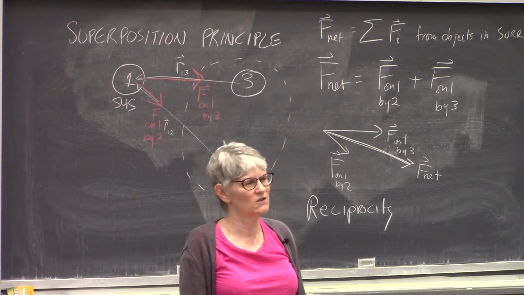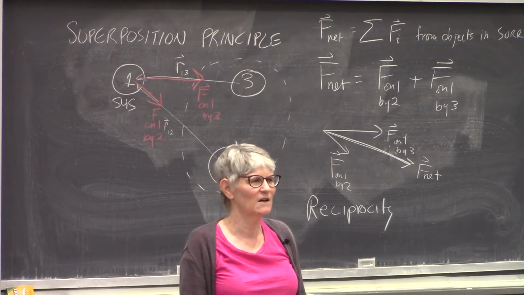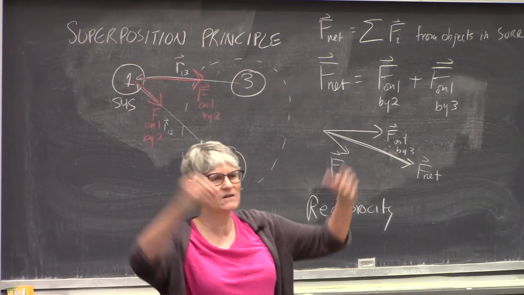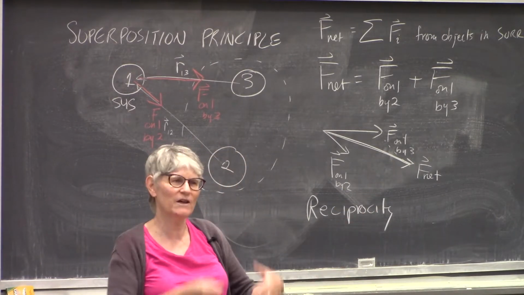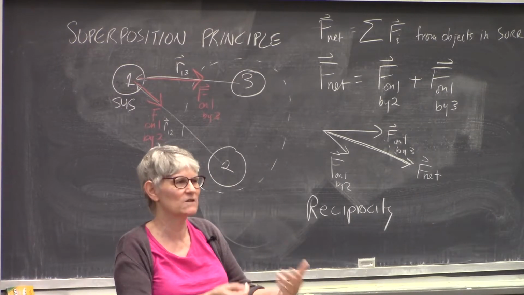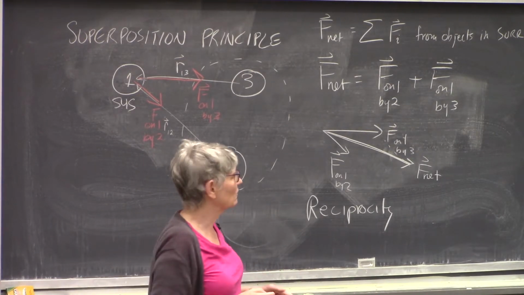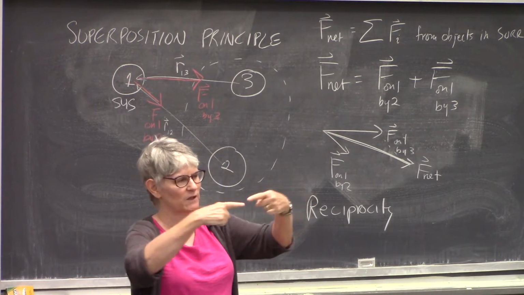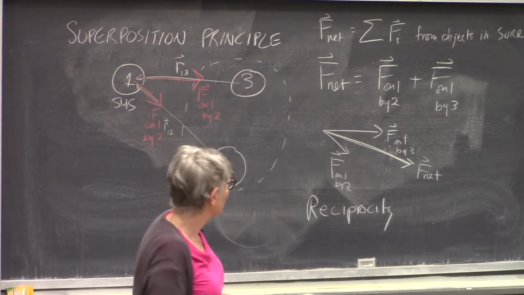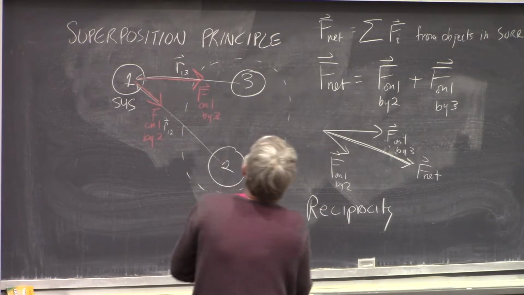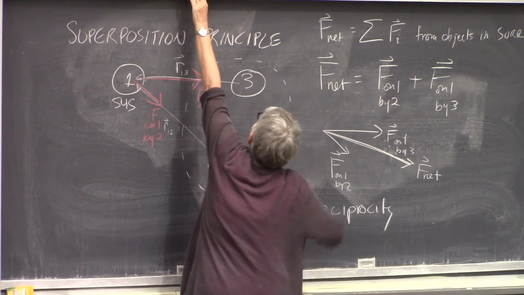We'll see that it's actually not true for magnetic forces. So it's not this general thing, it's a particular property of these particular forces, and in general of forces that act along the line between objects. Okay. So we have superposition and reciprocity.